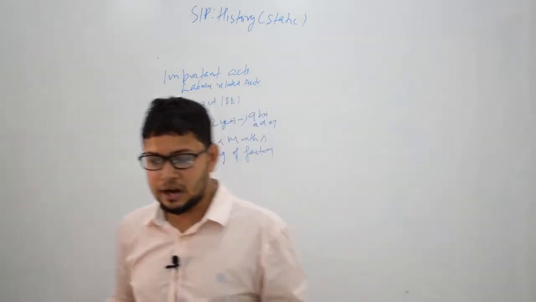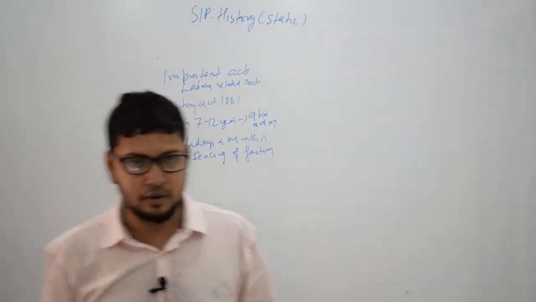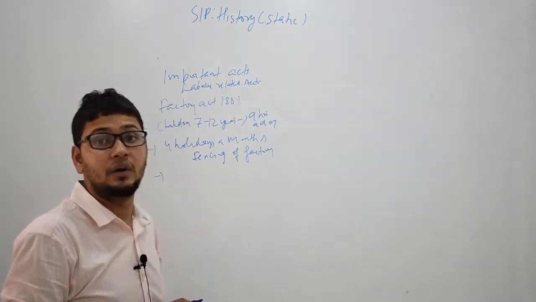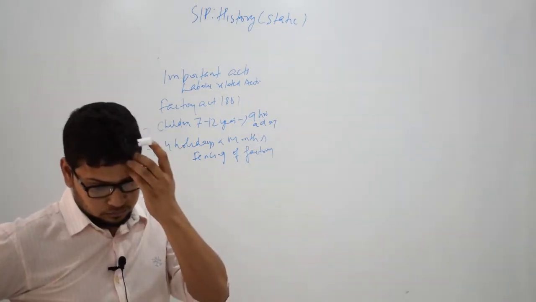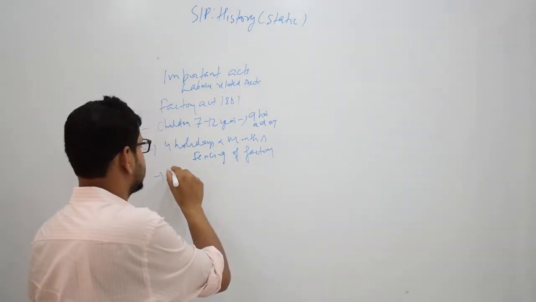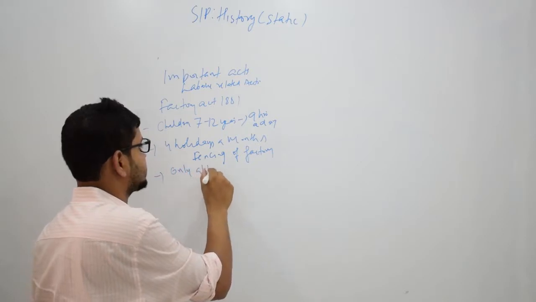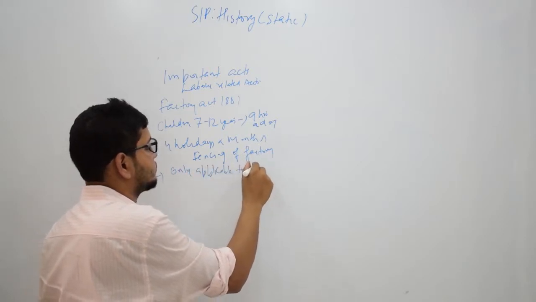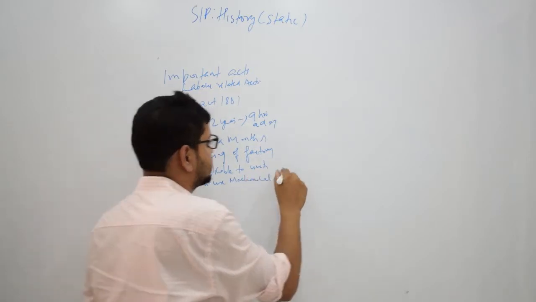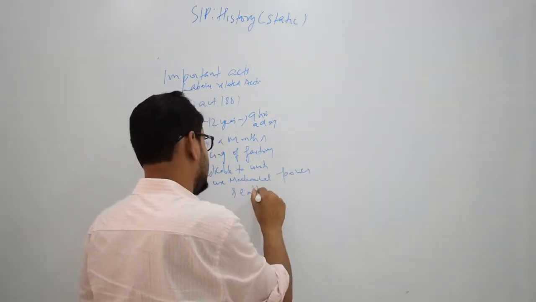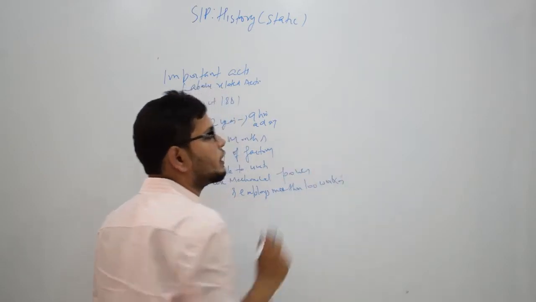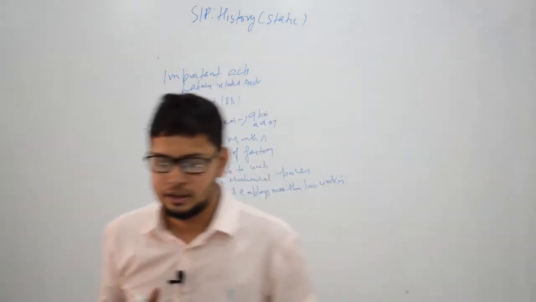This act was only applicable to those factories which use mechanical power and employ more than 100 workers, which means that the majority of industries in India were outside the ambit of this Factory Act.